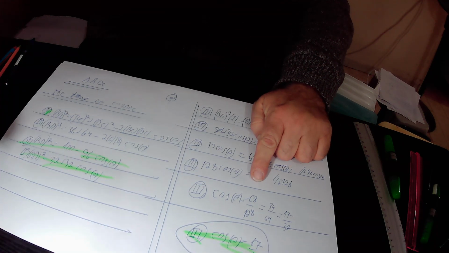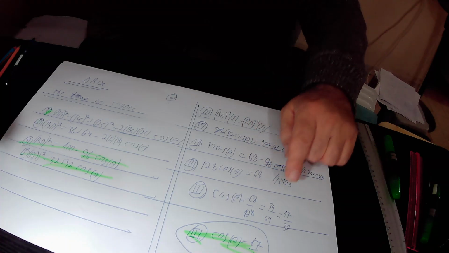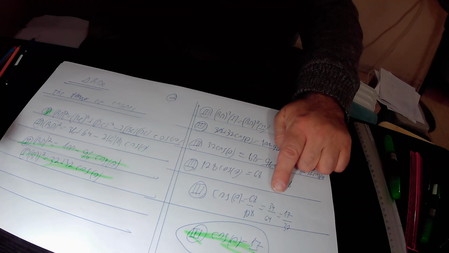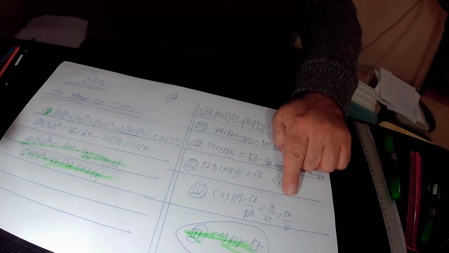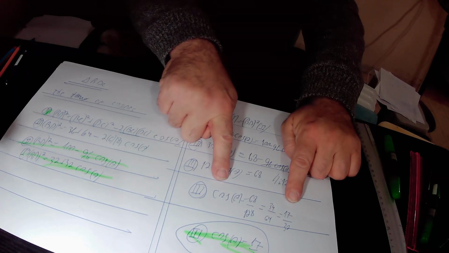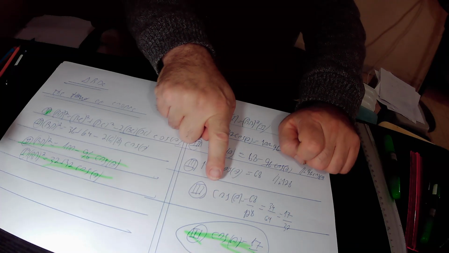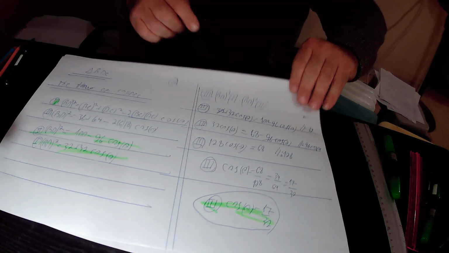We divide both the numerator and the denominator by 2: 68 over 2 is 34, 128 over 2 is 64. Likewise, we divide both by 2 again: 34 over 2 is 17, and 64 over 2 is 32. So cosine theta equals 17 over 32.